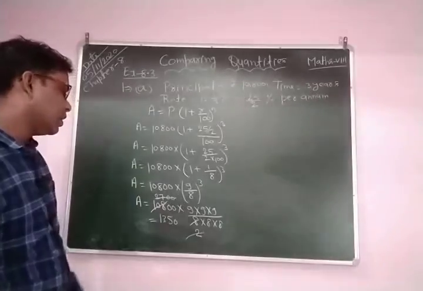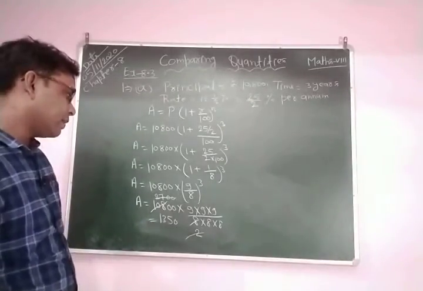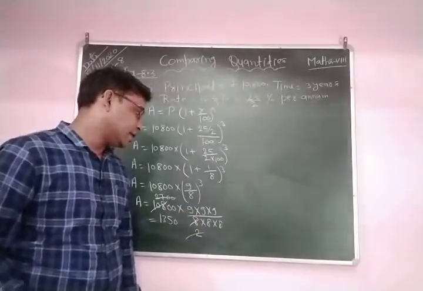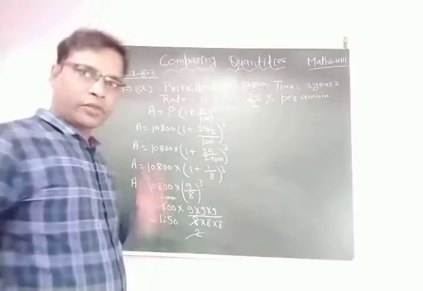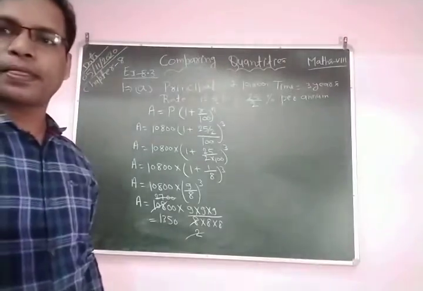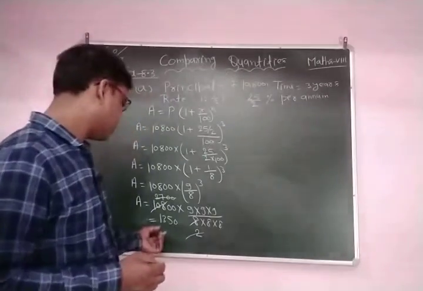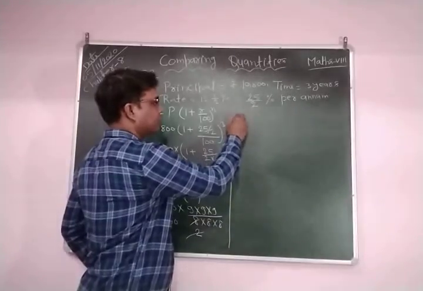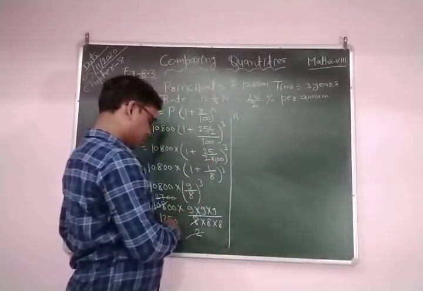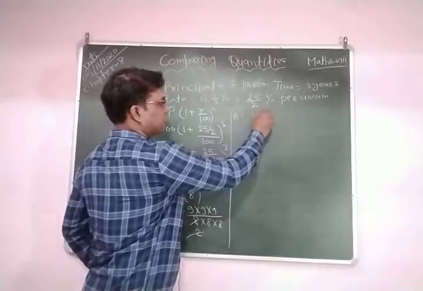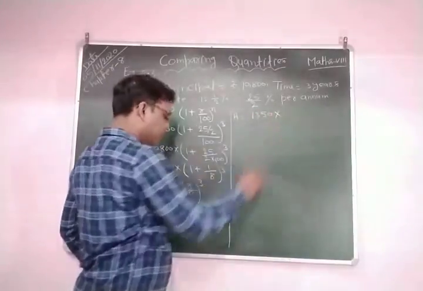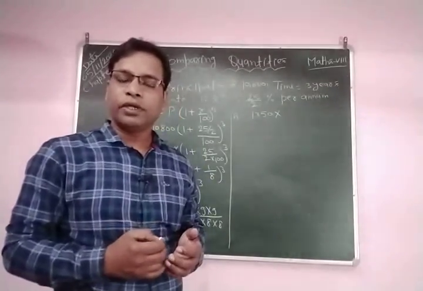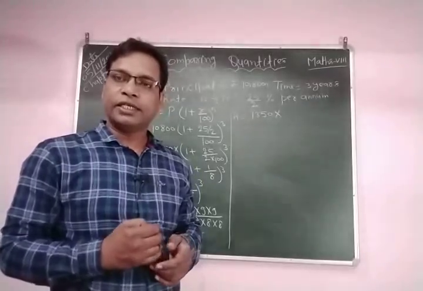Okay. Now again you can cancel, and if you multiply 9 into 9 into 9, 3 times, then you obtain the amount, which is equal to 1,350 into 9 into 9 into 9. 9 into 9 is 81, 81 into 9, 1 ja 9, 9 8 ja 72.